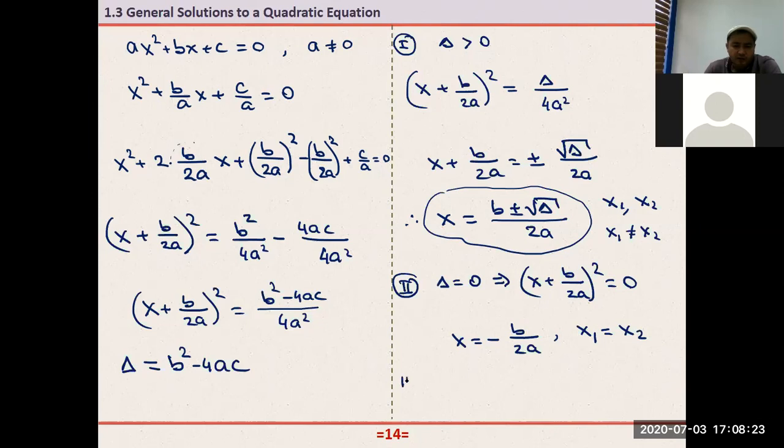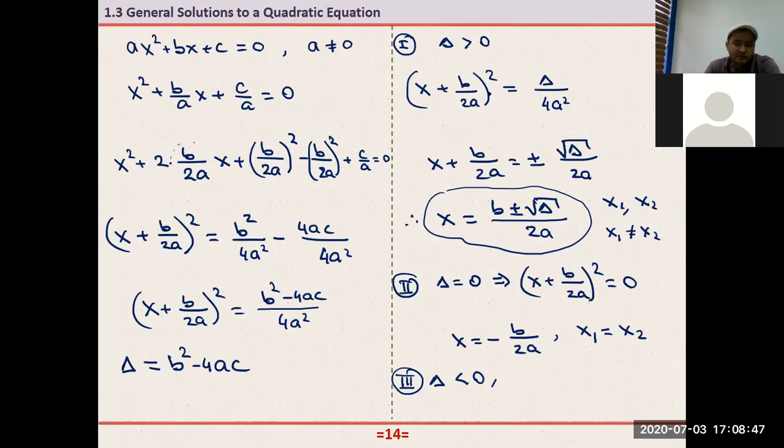And how about the third case? We have covered when it is positive and when it is equal to 0, and how about if this thing is less than 0? How about if the discriminant is negative? As you see here, if negative, we have a negative number over a positive number, it is negative, right?